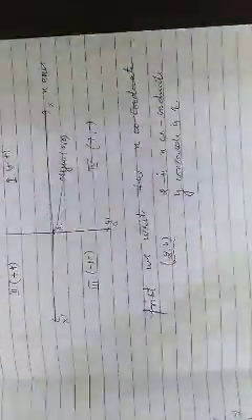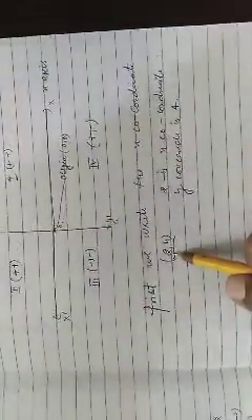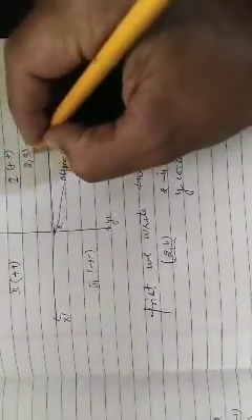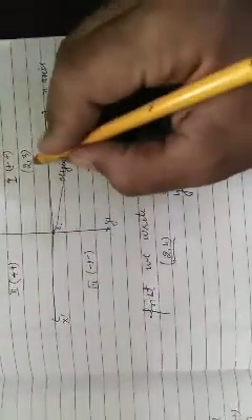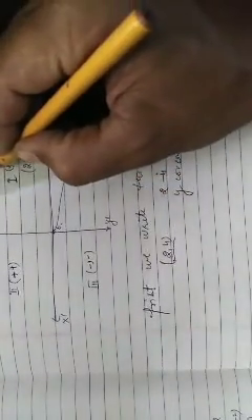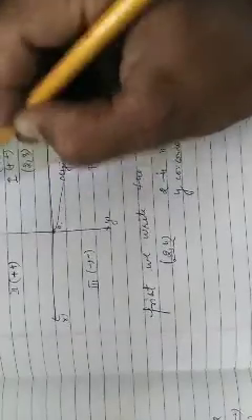We see the x coordinate is always written first, as in (2, 3). Both coordinates are positive. X is 2, y is 3. In the first quadrant x and y are positive.